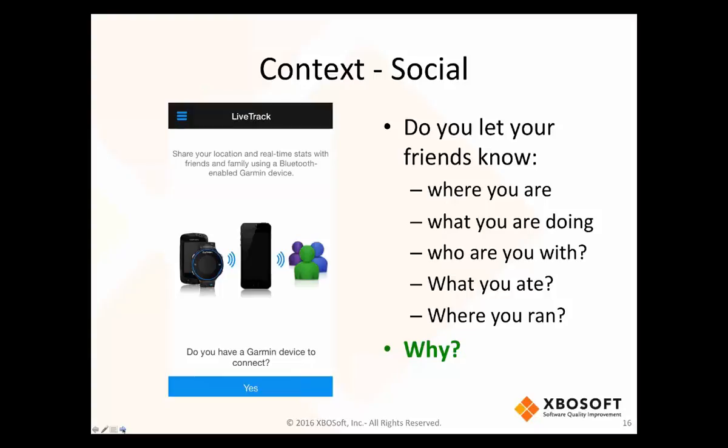And a lot of times they're tied to diet or eating or nutrition type applications where you enter in what you ate that day and so forth, and you can share all that with your friends. And so my question to you is to really think about what is the payback for that? Why do users want to do that? And how can you use that in your application as a driver for engagement?